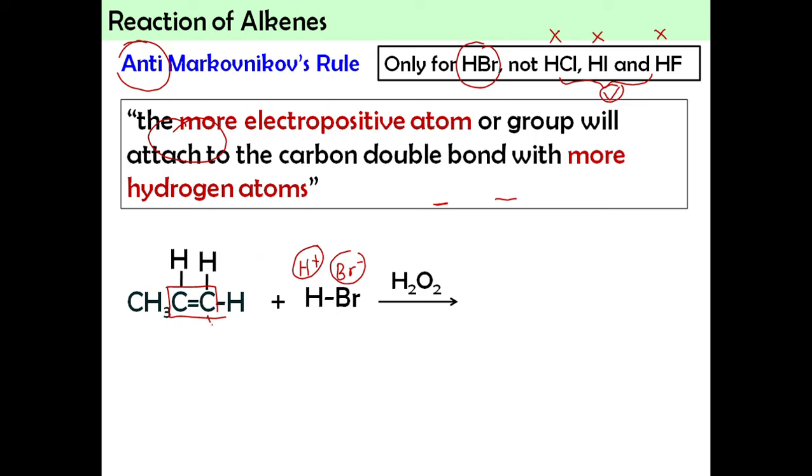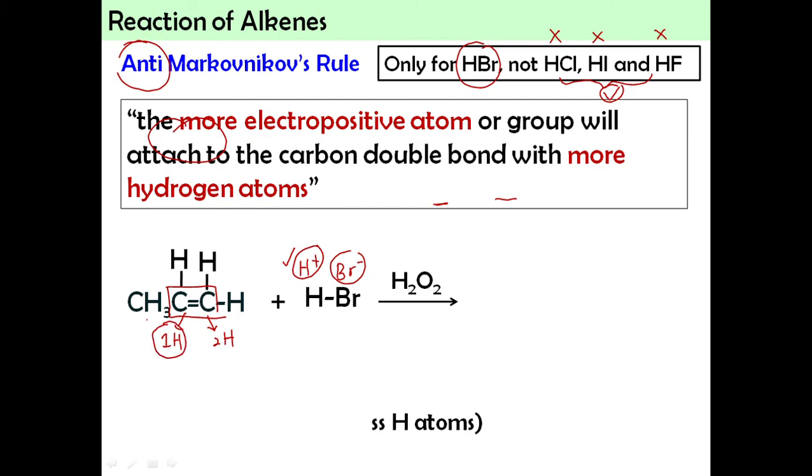So, this is 2 hydrogen. This carbon, 1 hydrogen only. Kalau ikut Markovnikov, ni more electropositive akan pergi carbon yang banyak hydrogen. So, kalau anti terbalik, so maksudnya hydrogen yang positif ni, more electropositive akan pergi dekat carbon yang kurang hydrogen.